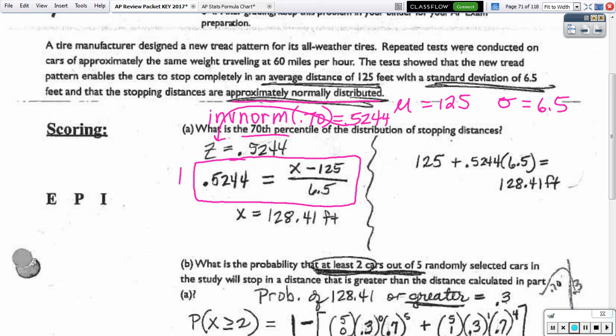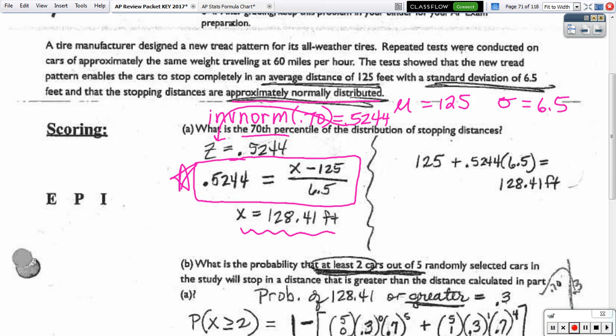This formula is actually very critical to you getting credit on this part of the exam because it identifies the parameters, and they specify in the grading guidelines that this has to be specified. So this distance at the 70th percentile is 128.41 feet.